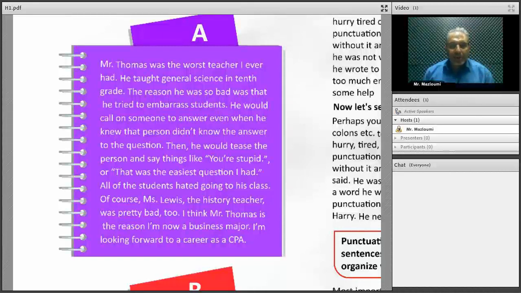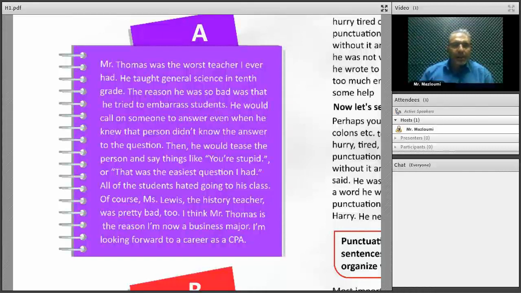I'm looking forward to, I feel pleased and excited about a career, job, profession as a CPA. CPA stands for Certified Public Accountant. It means an accountant who has received special training. CPA, Certified Public Accountant. An accountant with special training.